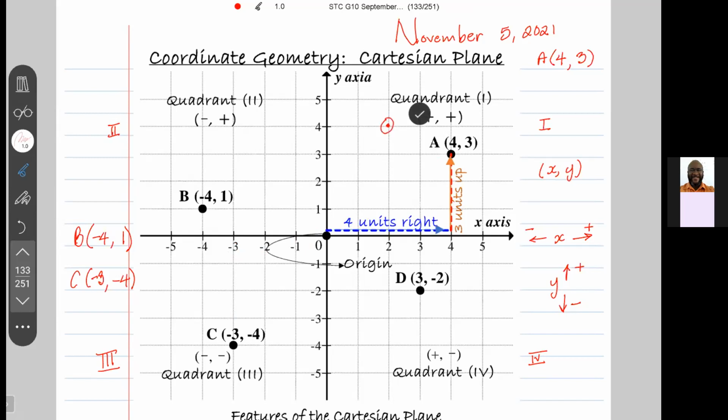So let's call this M. Let's call this N. Let's call this P. And let us call this Q. What I want you to do is type the coordinates of each point in the chat. You know exactly how to do it.